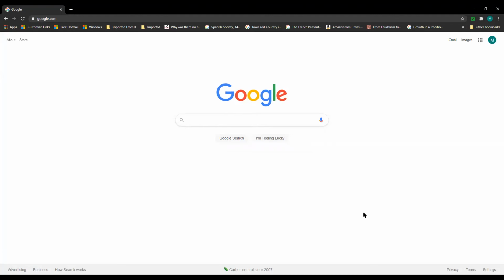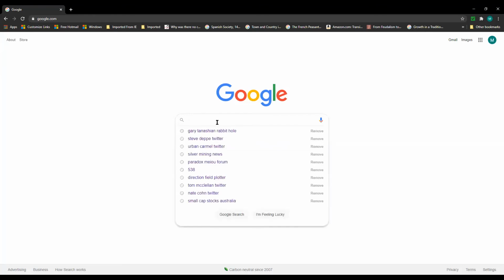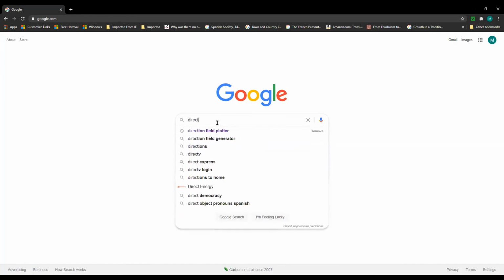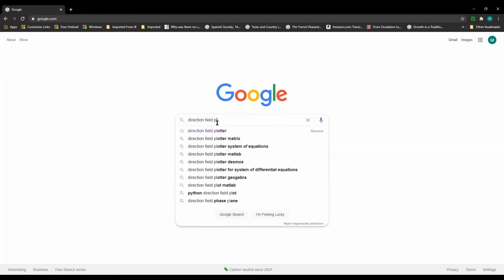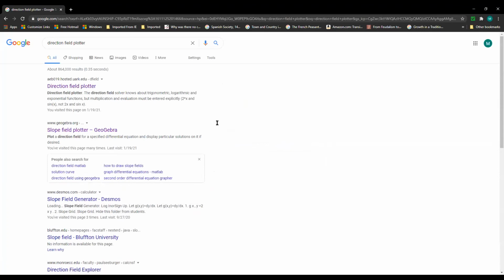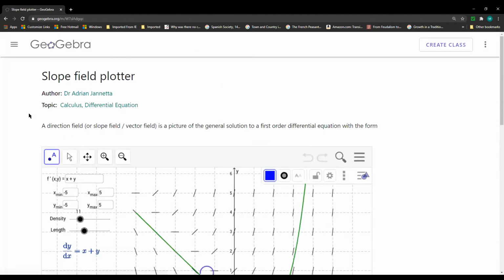To do that, go to your Google prompt and just type in direction field plotter. You can use whichever one you want, but I'll show you the GeoGebra one, which I think is pretty good.